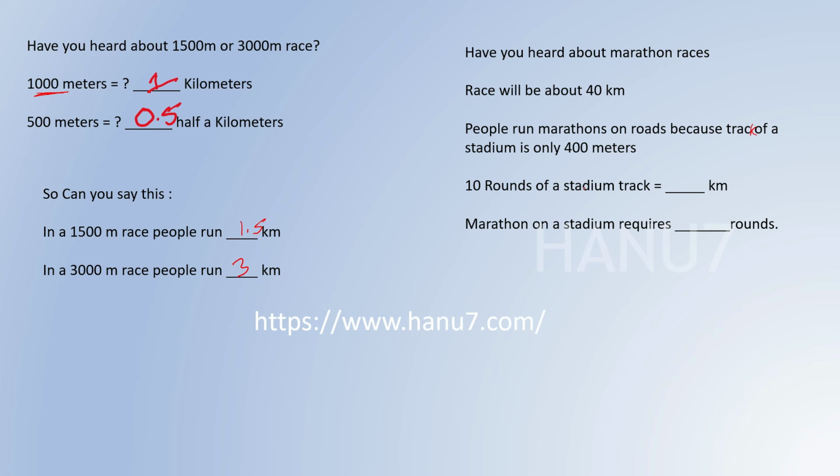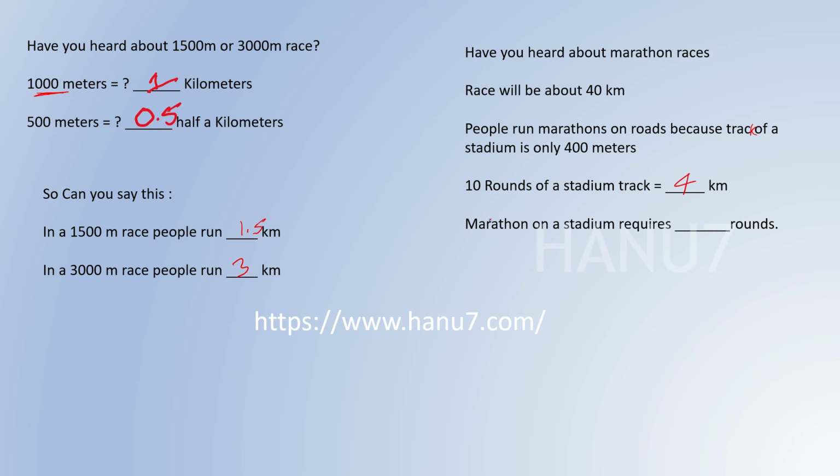So 10 rounds of a stadium track is equal to how many kilometers? 10 rounds, 400 meters into 10, so 4000 meters. So it will become how much? 4 kilometers. I will tell you how I got this value. In a stadium there is a track of 400 meters, right? In that track, one time it completes 400 meters, then 2 times, 3 times, 4 times, 5 times, 6 times.